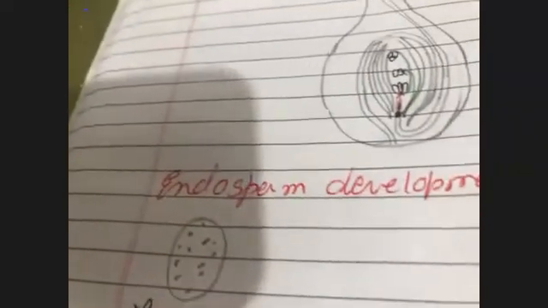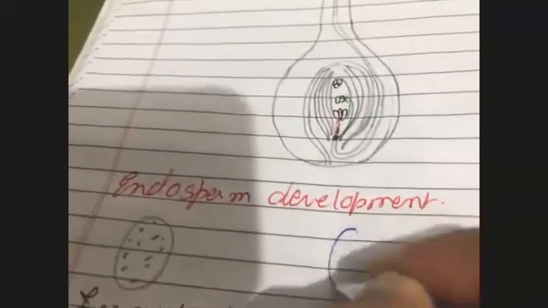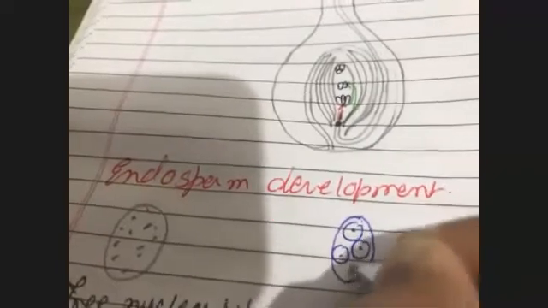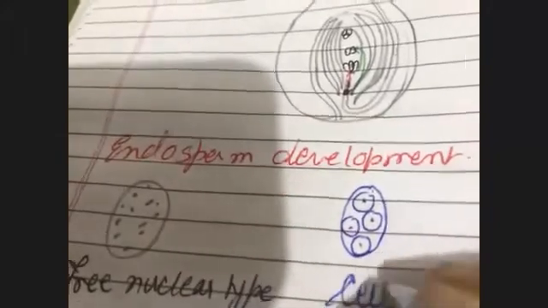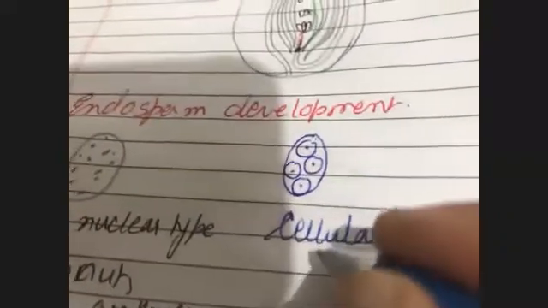Here the second type, wherein we have the endosperm, the nucleus is dividing, it is taking its own cytoplasm. So we call this cellular type of endosperm.